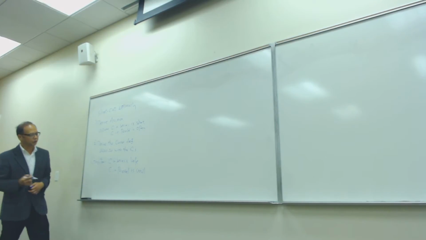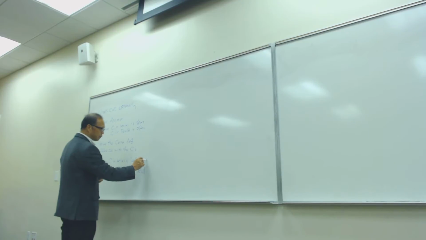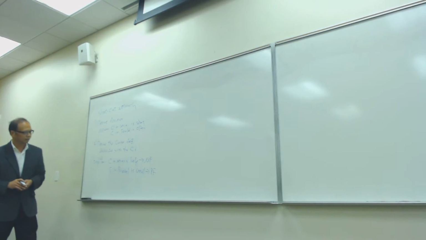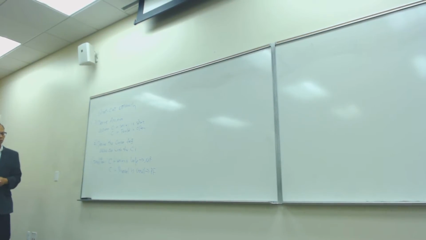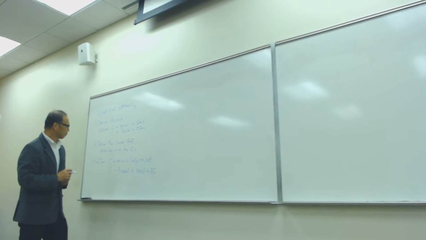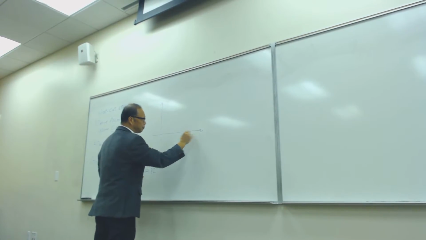How large is large? Typically, this has to be in the neighborhood of microfarad, and this is in the neighborhood of picofarad. So that's the condition. And then once you have done that, you can sketch the Bode plot.